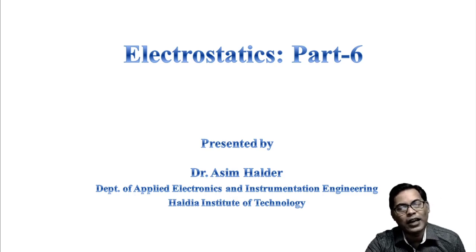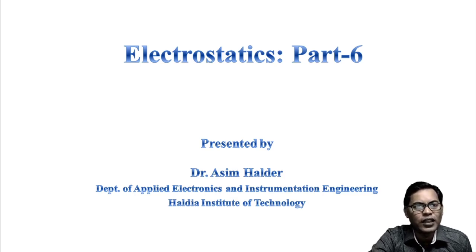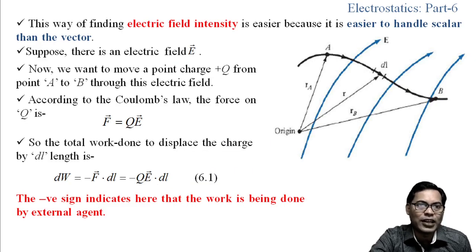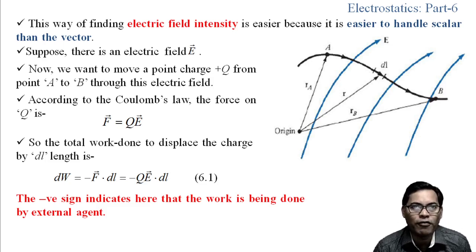So let us start our lecture, that is electrostatics part 6. In this lecture we are going to see the calculation of the electric potential at some point. When we can find the electric potential at some point, then from the relationship between the electric field intensity and the potential at that point we can find the electric field intensity.